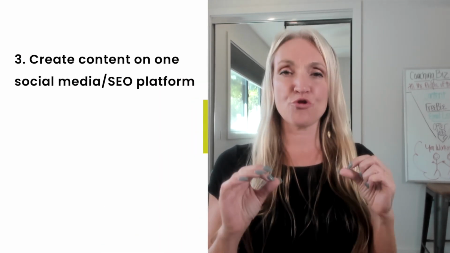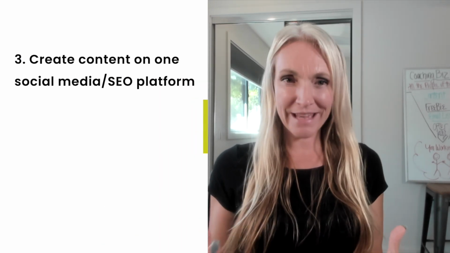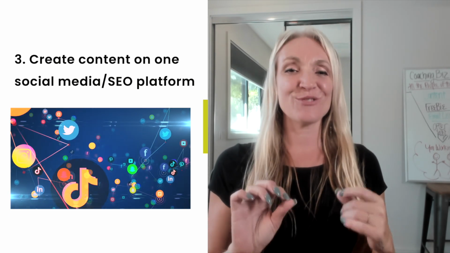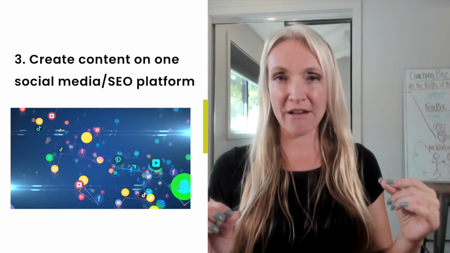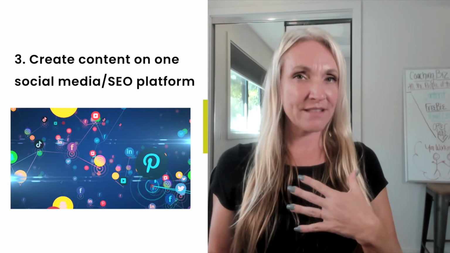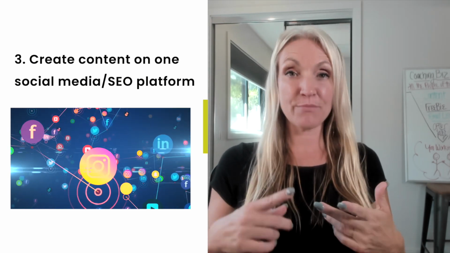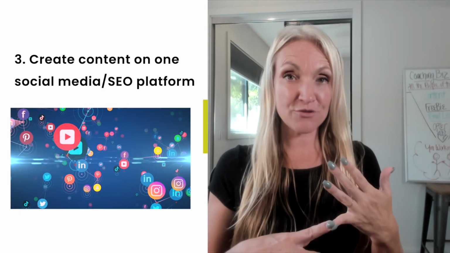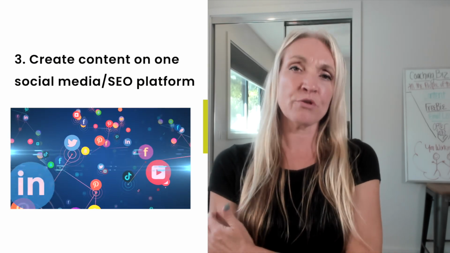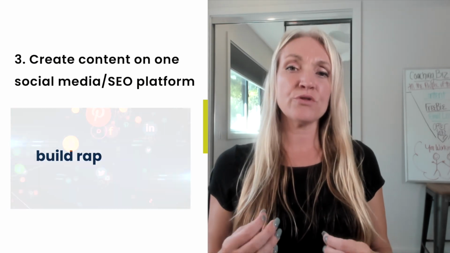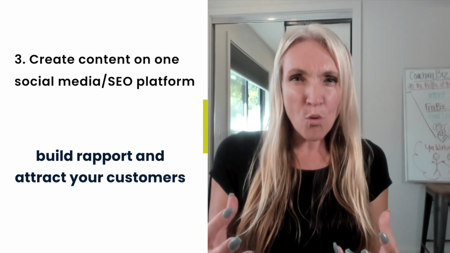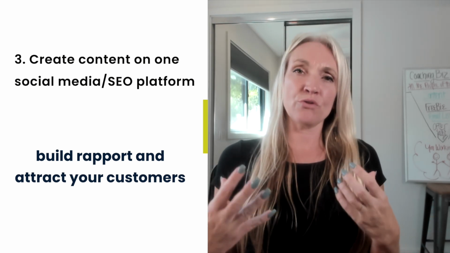Step number 3 is to create content on one social media or SEO platform. Social media or SEO platform is like Facebook, YouTube, TikTok, Pinterest, etc. And this principle number 3 is to build some rapport and attract your customers.